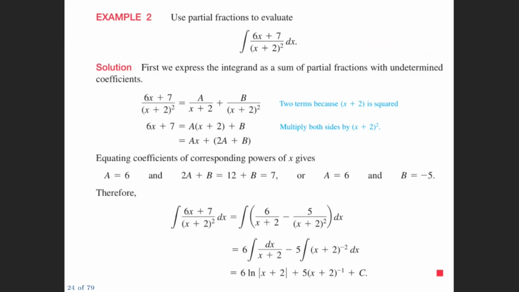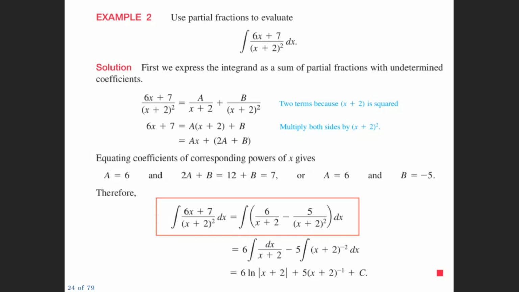Let's do one from the book. Use partial fractions to calculate the integral of (6x + 7)/(x + 2)^2 dx. The first thing to do is to use partial fractions. And I'm going to skip the details. I'm just going to jump down to the part I've put in the box.